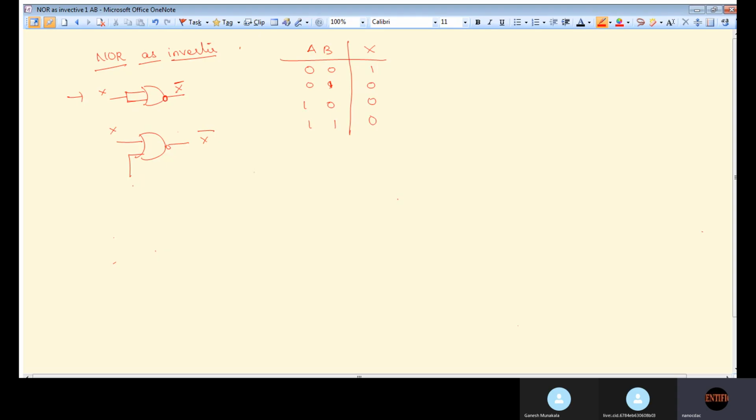One input I should tie either to 0 or to 1 to get the inverse of the input.